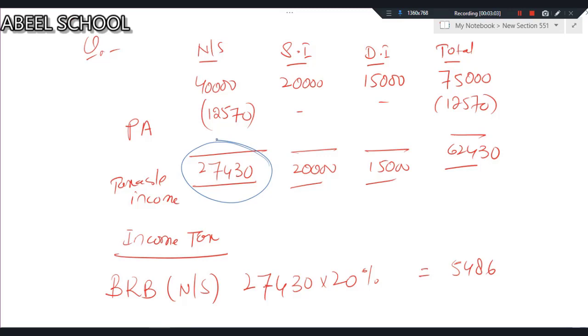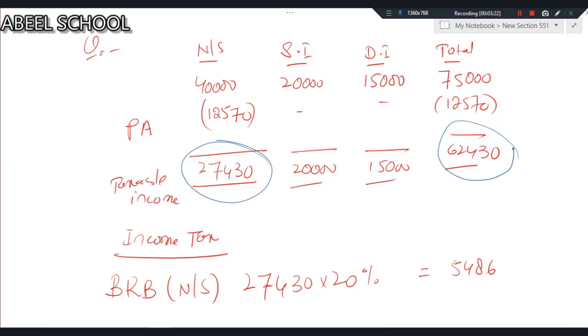Now the next question is of the nil rate band for the saving income. Nil rate band for the saving income depends on the individual's tax paying status. By looking at 62,430, we can easily decide this individual is a higher rate taxpayer.